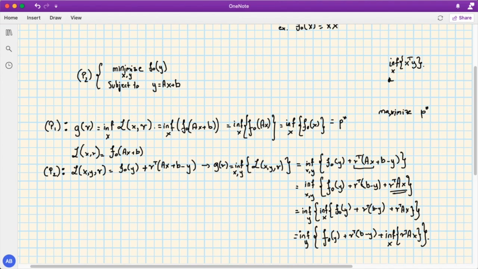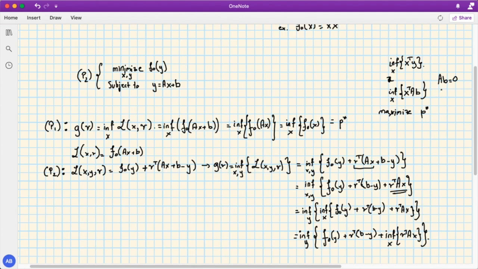That's the only case where the infimum becomes 0. So in the more general case, which is x transpose A multiplied by any other vector B, this thing is minus infinity except for one case, which is when AB is 0, right? Or in other words, when B lies in the null space of A, AB is 0.